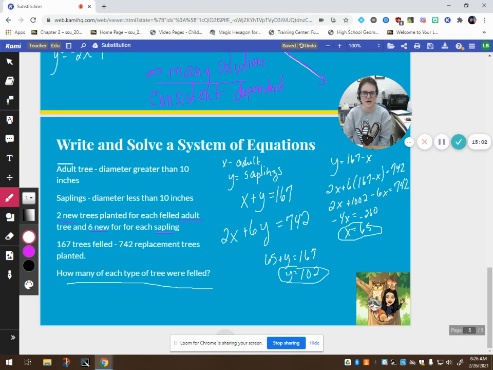This might be math class, but we can still follow proper English protocol for answering a question. We write complete sentences. We restate the question basically in our answer. There were 65 adult trees and 102 saplings felled.